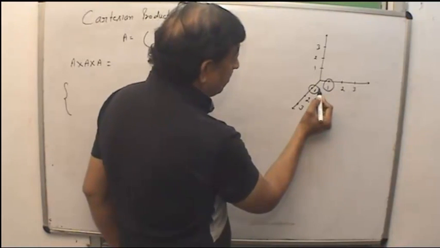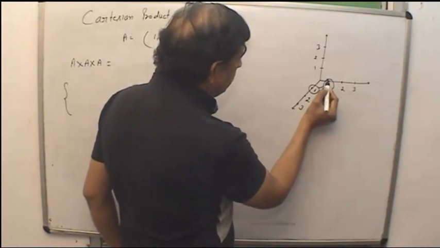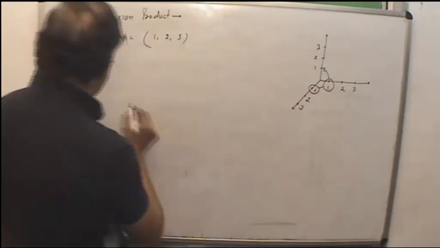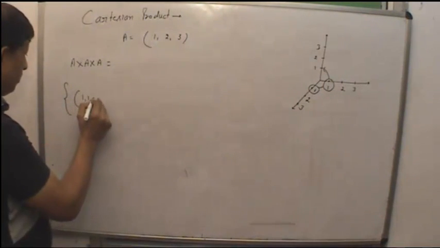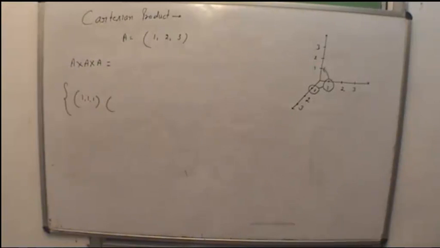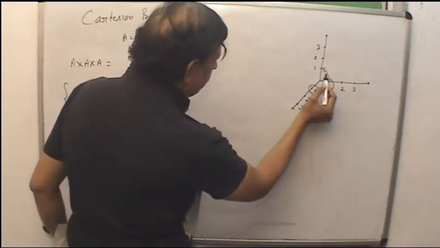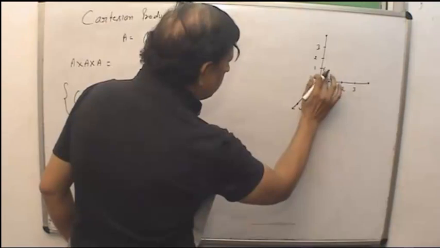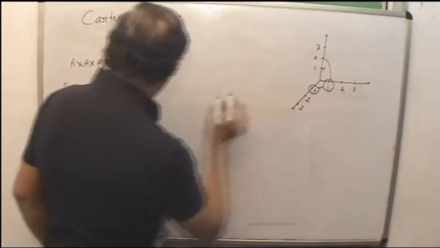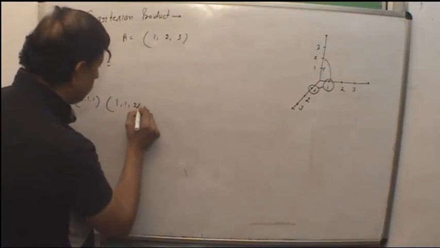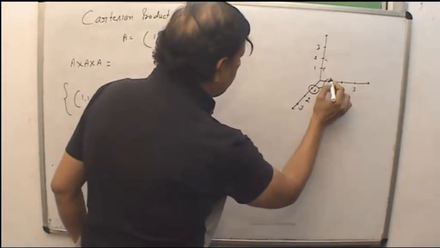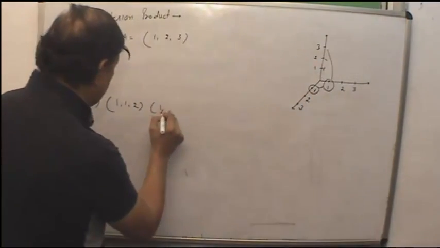Fix them. We move 1, 1 and 1. It is 1,1,1, the first member. Then 1,1,2; then 1,1,3.